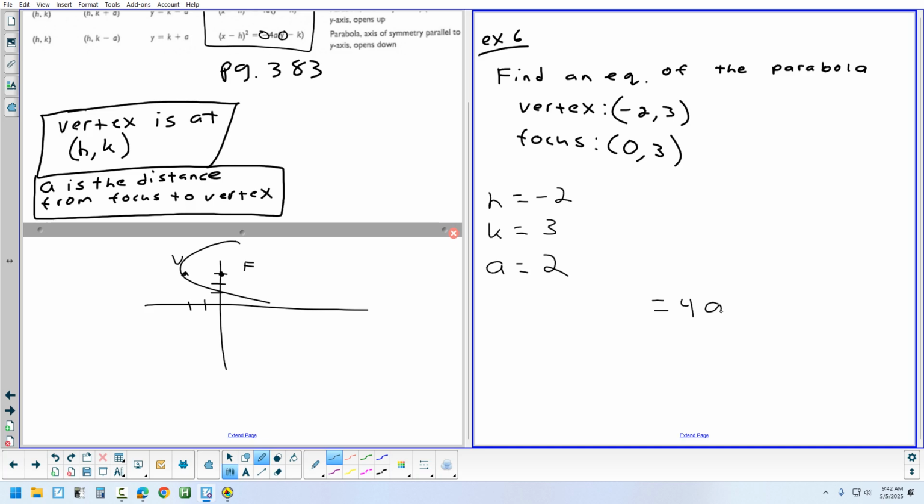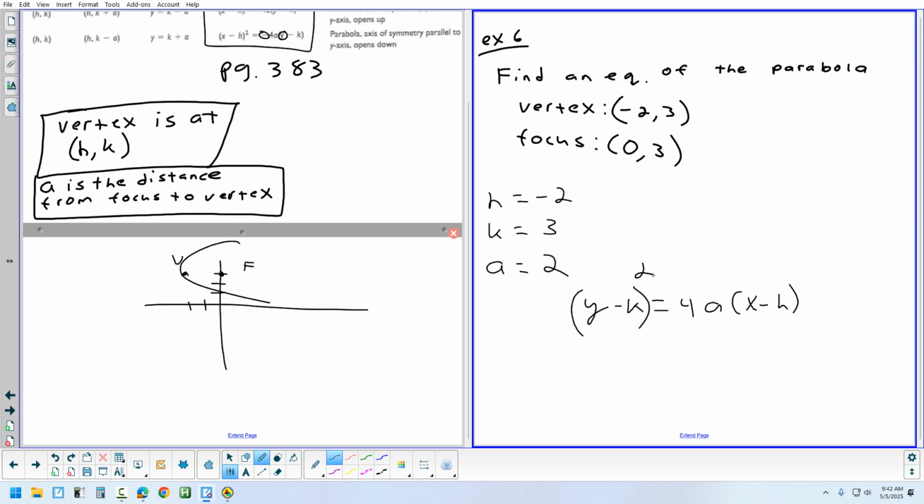Yeah, x. And remember, now because we've shifted it, we just have to make it x minus h. And now that means on the other side, it normally would just be a y, but it's going to be y minus k squared. So that's the equation of a parabola opening to the right.